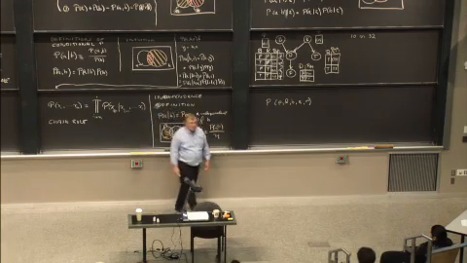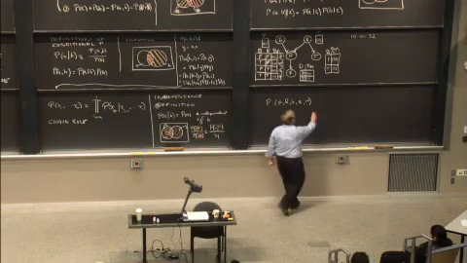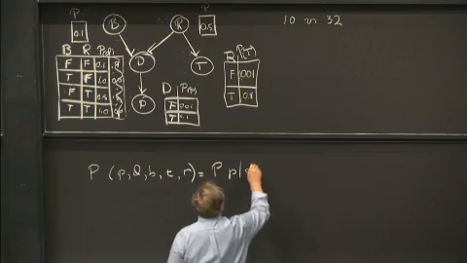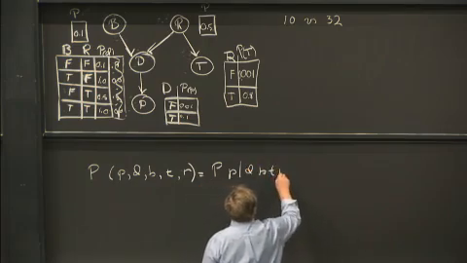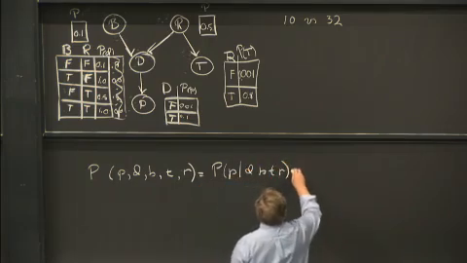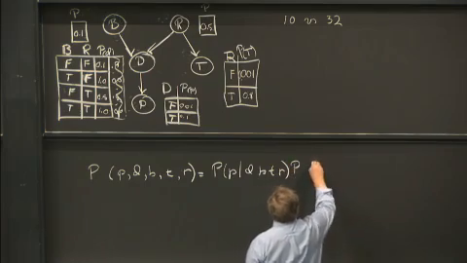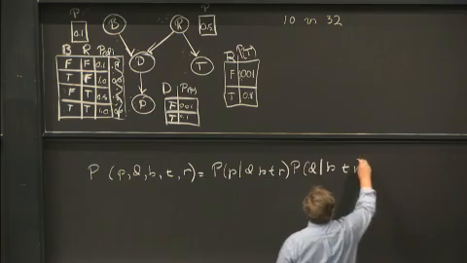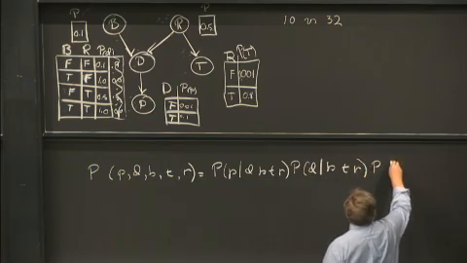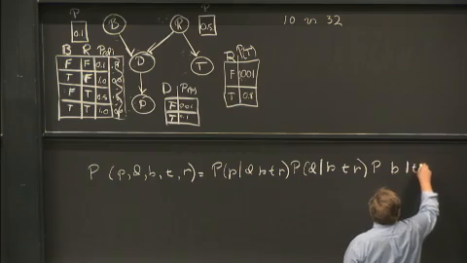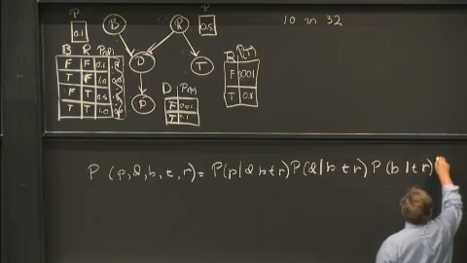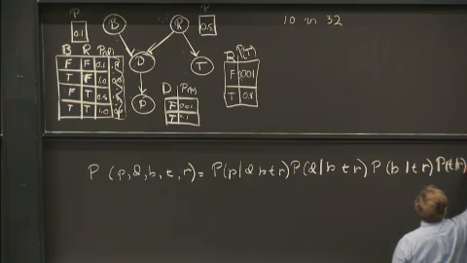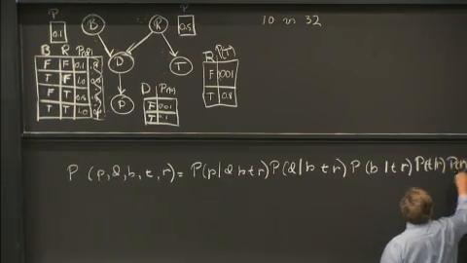Let's use the chain rule. We can write that as the probability that we call the police given D, B, T, and R. And then the next one in my chain is probability of D given B, T, and R. And then the next one in the chain is probability of B given T and R. And the next one in my chain is P of T given R. And the final one in my chain is P of R.